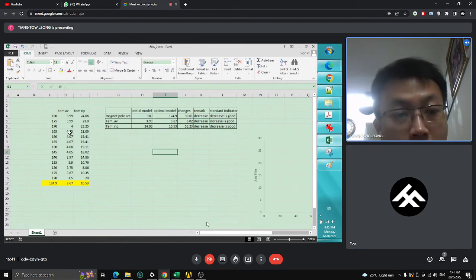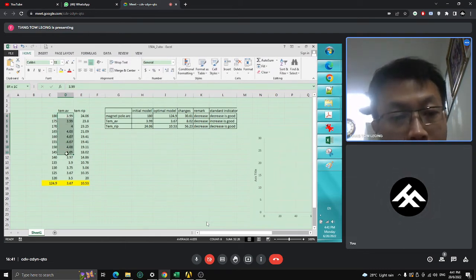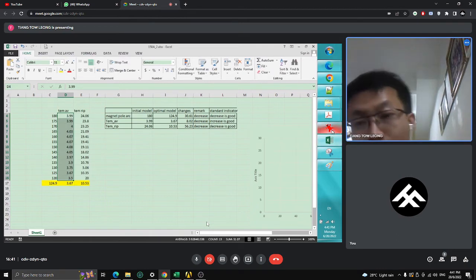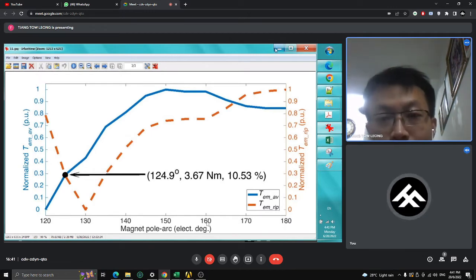But it is normal. Why? Because when the magnet material is now decreasing, its average naturally decreases. So this is normal. When you see from my right hand side, when the magnet is decreasing from 180 to 120, the electromagnetic torque is naturally decreasing, right?